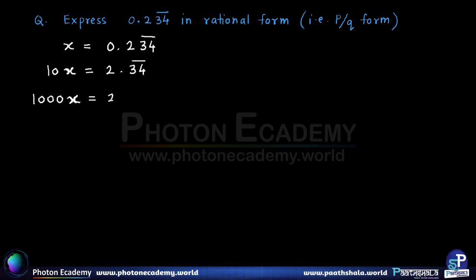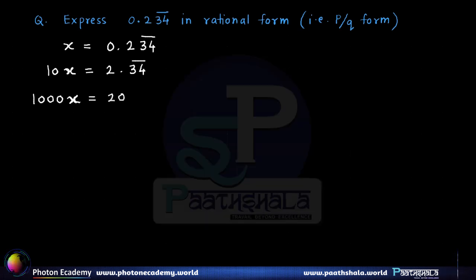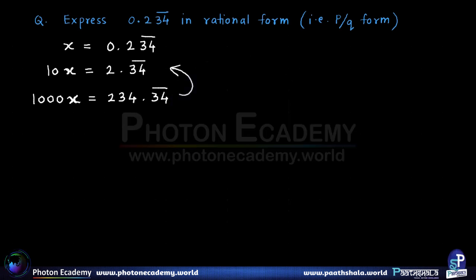and this gives us 234.34, simply because the 34 is going to be an unending sequence. Alright. Now to get rid of that unending sequence, what I do is subtract the first equation from the second. So second minus first.